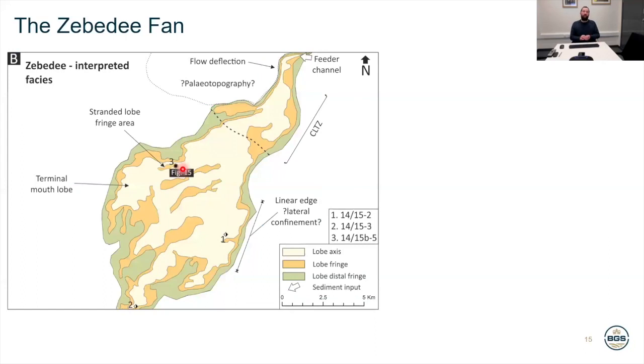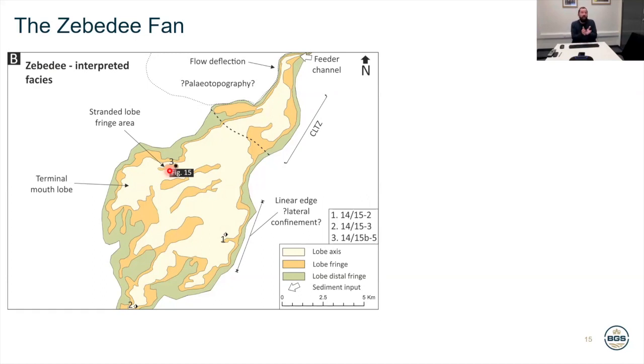I interpreted that as essentially these being the lobe axis areas of that fan, and in between that we get these stranded lobe fringe areas, these areas within the fan system itself that aren't cut out or overtopped by lobe axis deposits or flows that would deposit lobe axis deposits, I guess.